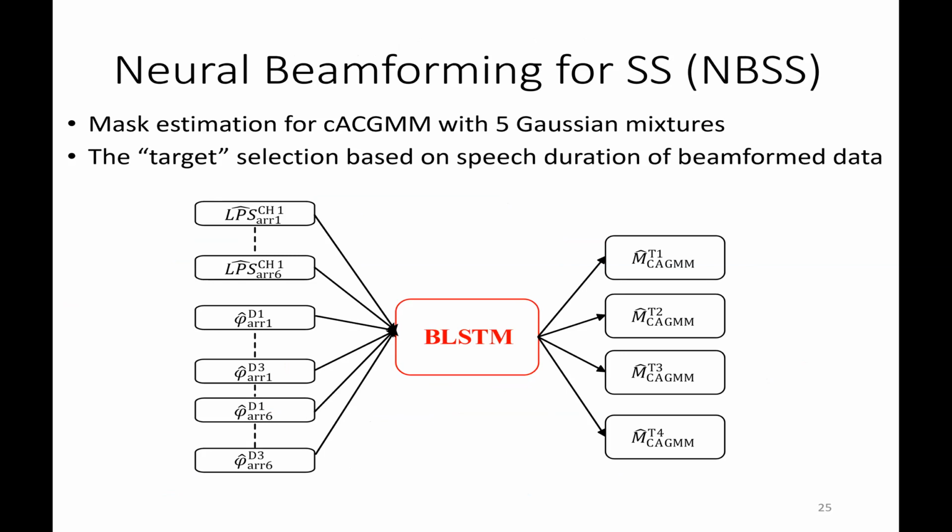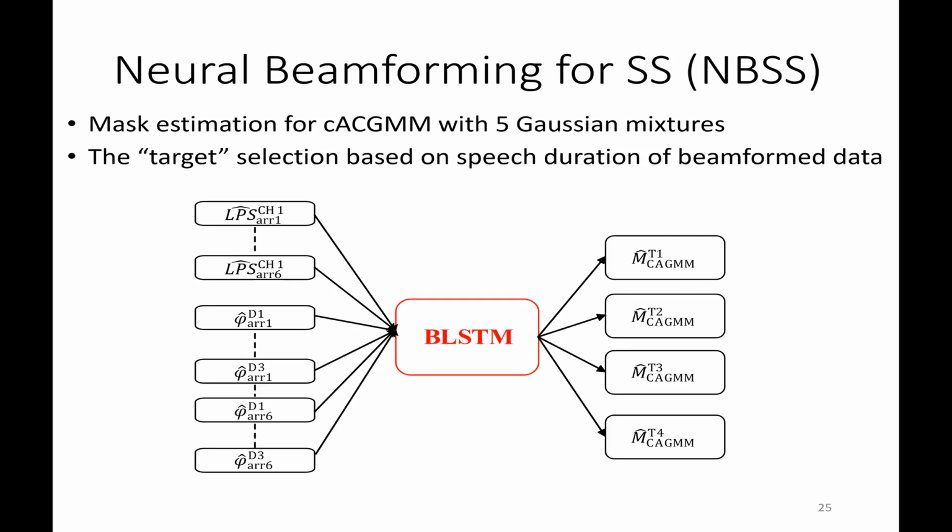The neural beamforming SS model here is to estimate the masks of 4 speakers in each session. The NBSS model is similar to the BGSS model in terms of input LPS and IPD feature type and output masks. The main difference is that the inputs of the NBSS model are the original multi-array speech rather than the beamformed data in BGSS.